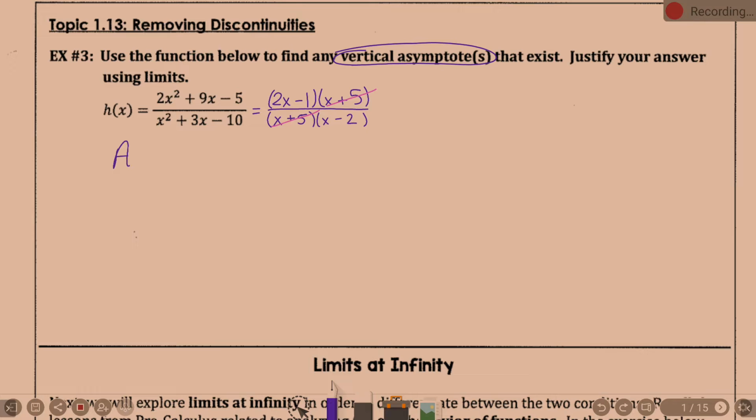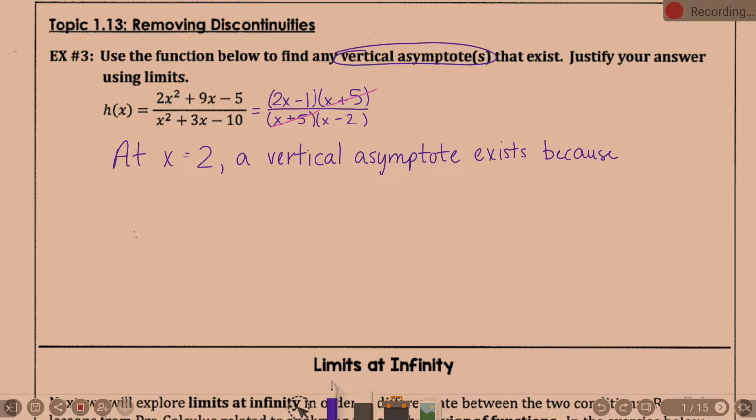So at x equals 2, a vertical asymptote exists.